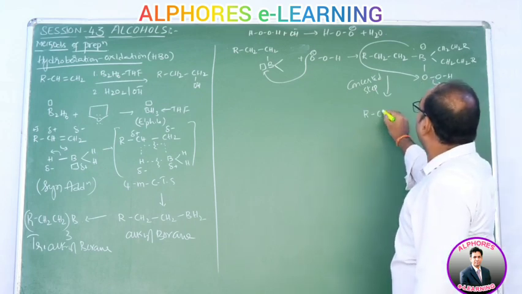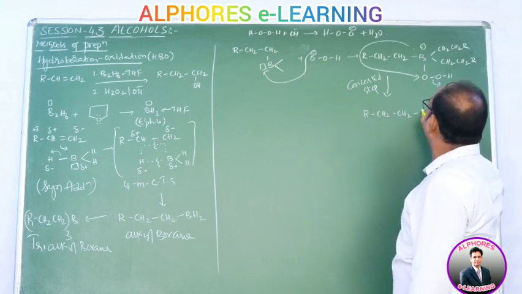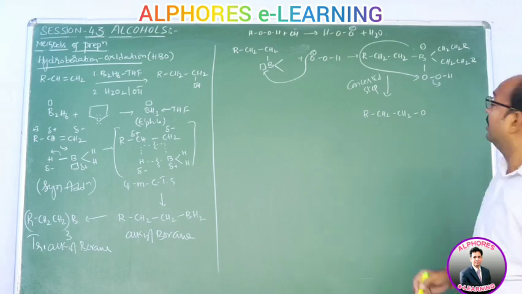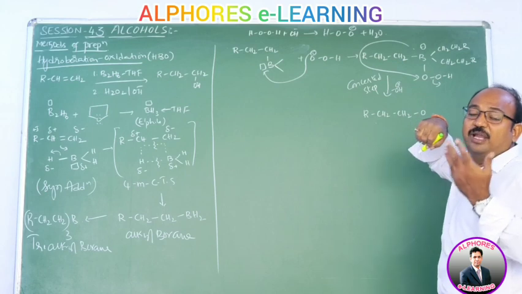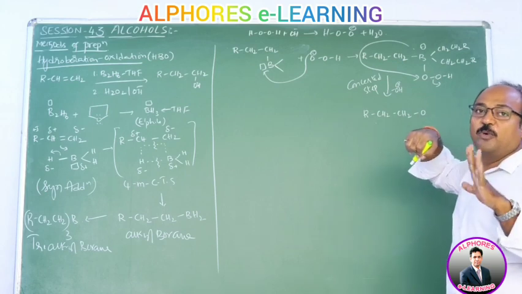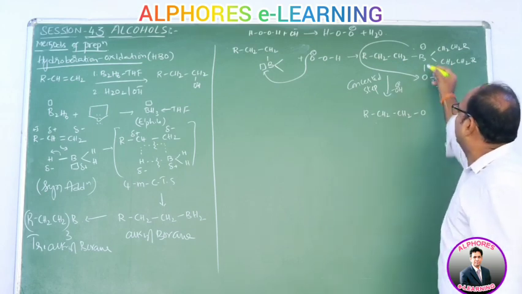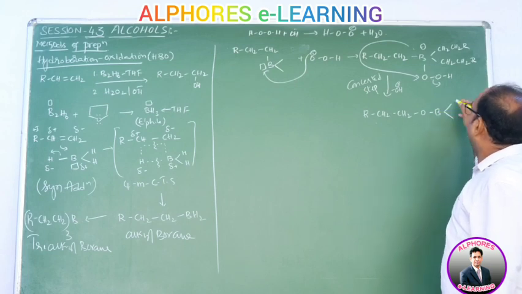Resultant we are getting RCH2CH2O. So here OH minus left, and boron, which earlier had a negative charge, now has no negative charge. Oxygen is attached to boron and the remaining two alkyl groups are as such.